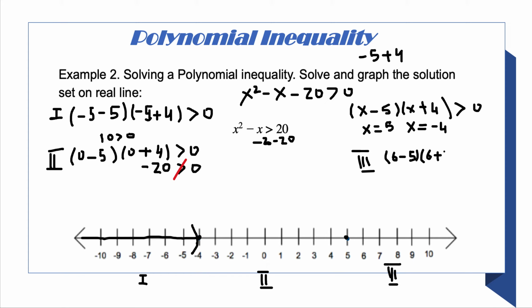As we see, this is going to be a positive number which is greater than 0. 6 minus 5 is positive 1, 6 plus 4 is 10, and positive 10 is greater than 0, so this is part of the solution. But because the sign is greater than, it means a parenthesis goes here, so 5 is not part of the solution, and neither is minus 4.